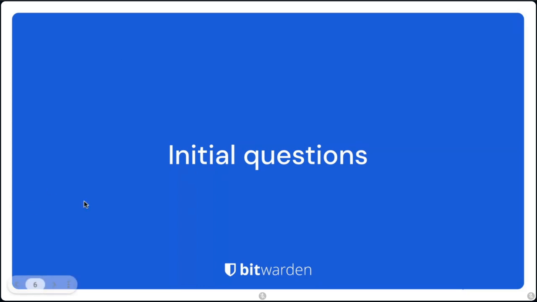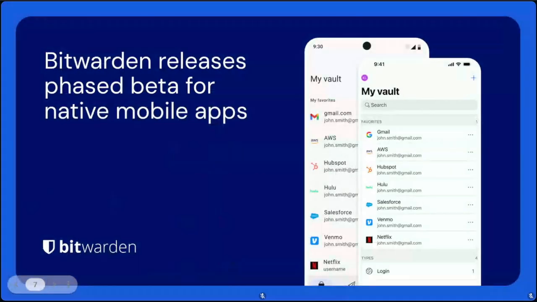So I'm going to jump into the native mobile apps that we just released in beta. Just a little bit of background here. Over the past few months, Bitwarden has been making a number of technological advances to overall facilitate better user experience and app performance.